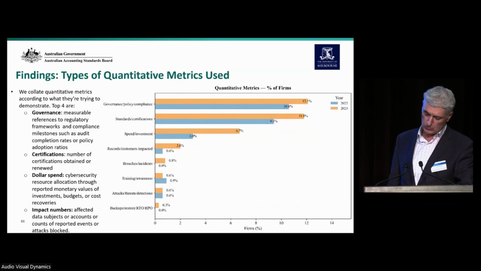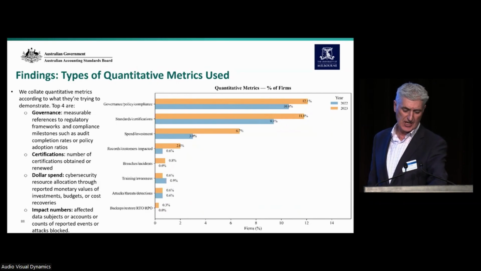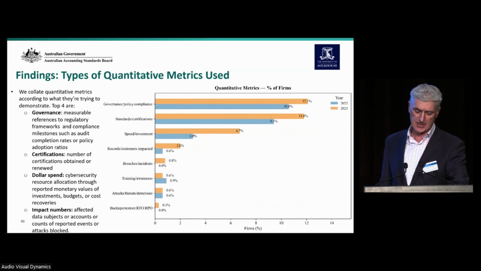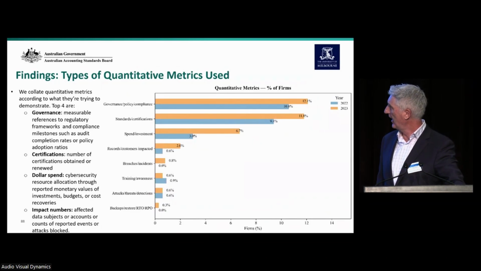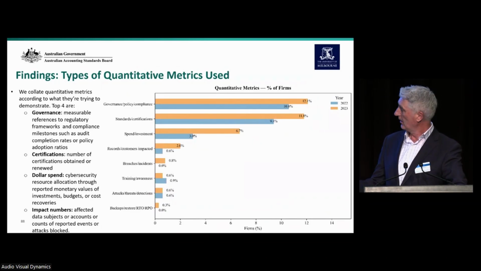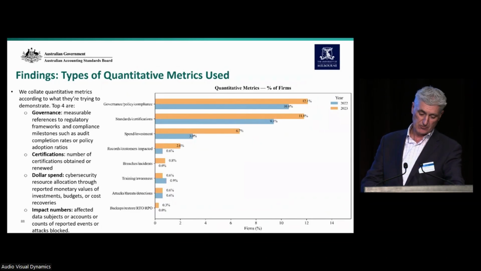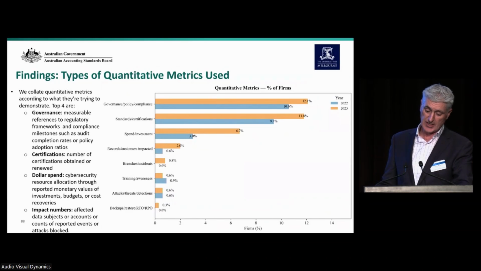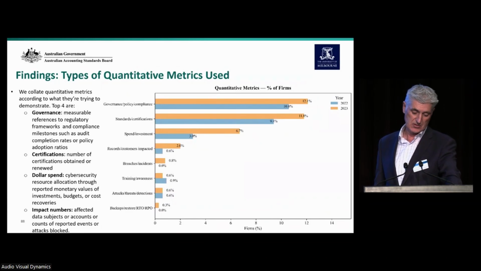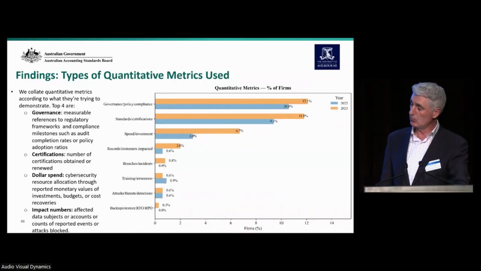Impact numbers were also provided, capturing the scale of incidents in terms of affected data subjects or counts of reported events or attacks blocked. And also down towards the bottom there's some disclosure in relation to training and awareness measures, such as number of staff training completed or phishing simulation completion rates.